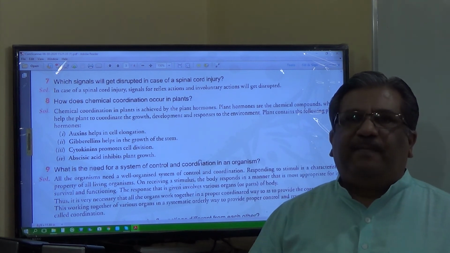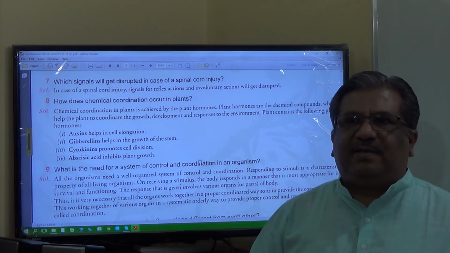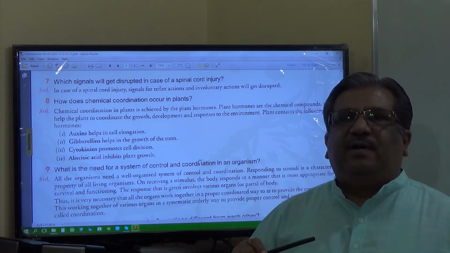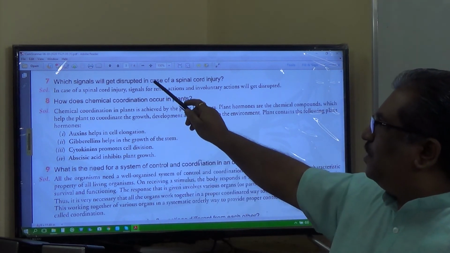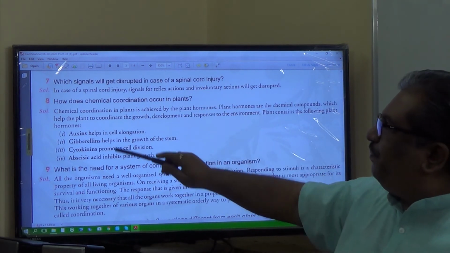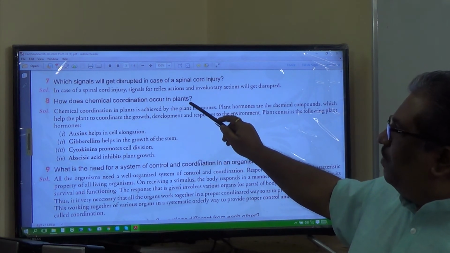You have to remember or write near that question itself: the signals of reflex actions and involuntary actions will get affected if spinal cord injury takes place.